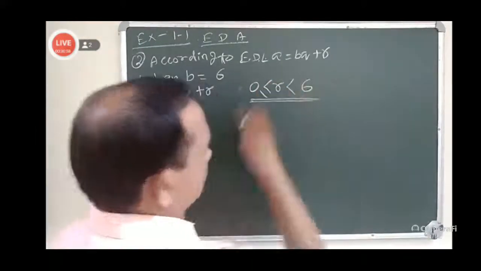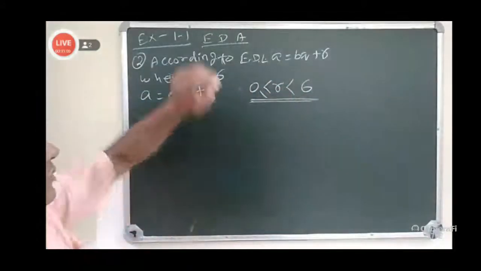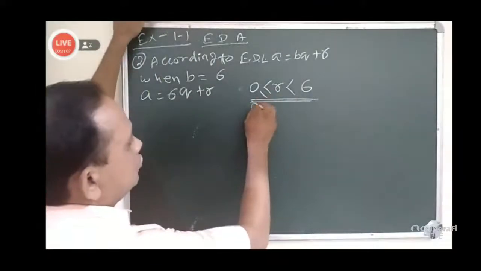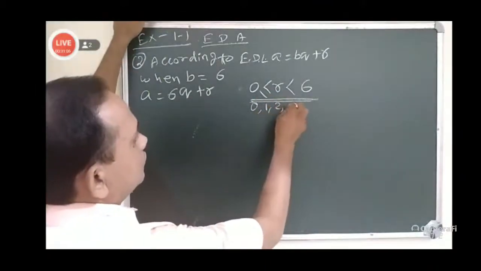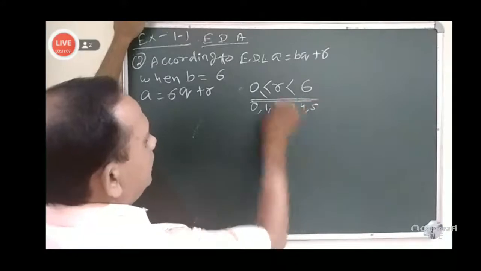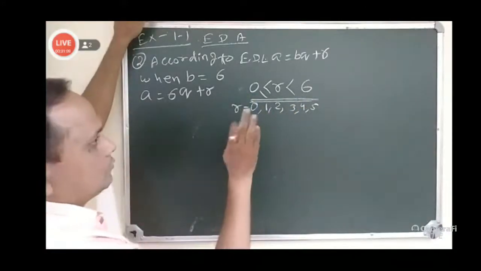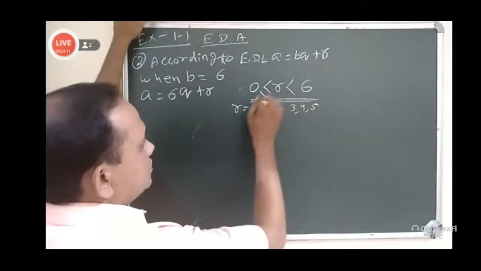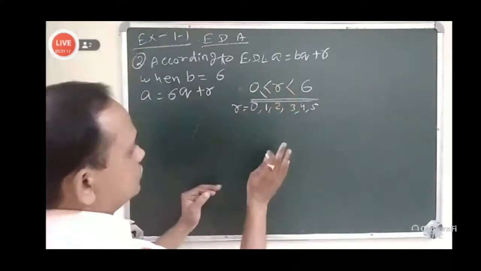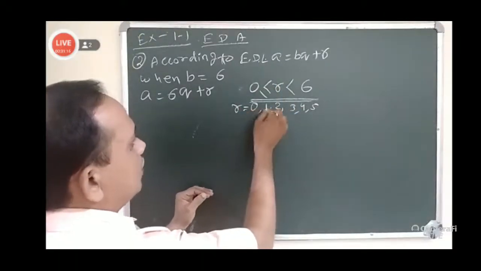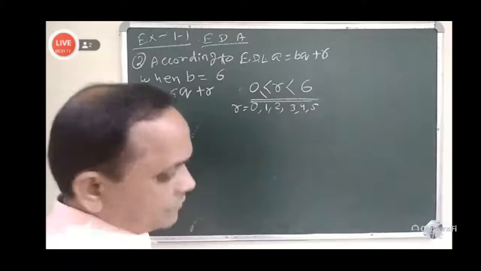This is the most important point. That means the value of r will be 0, 1, 2, 3, 4, 5. These are the possible outcomes of r.